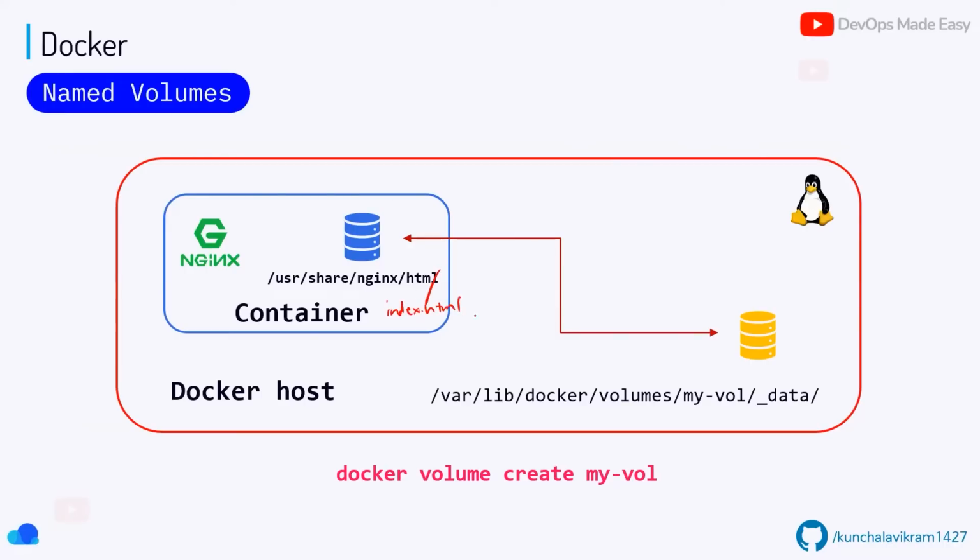This is the default HTML file that my nginx web server is going to serve. Or let's assume nginx is storing the logs under /var/log/nginx. Got it? I want these logs to be stored or backed up.